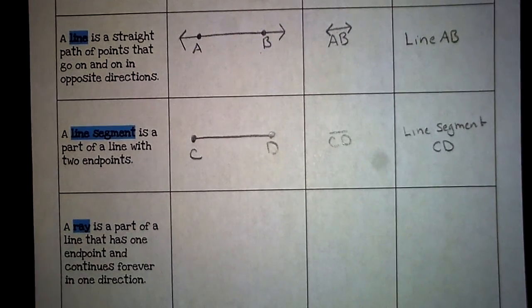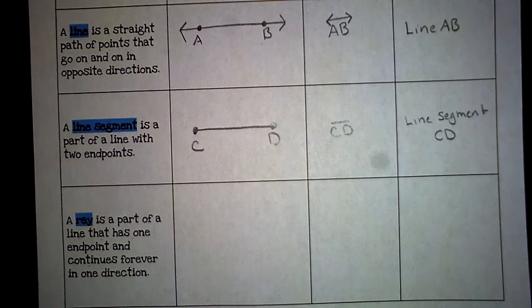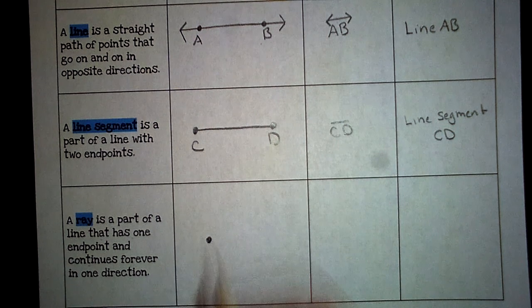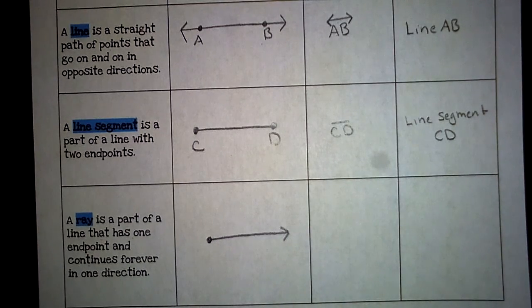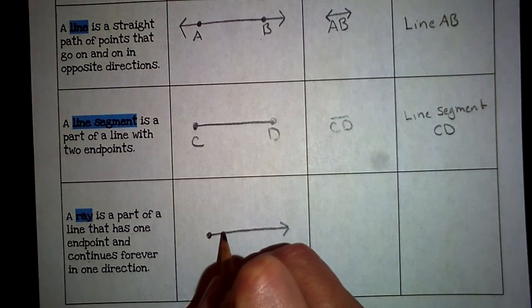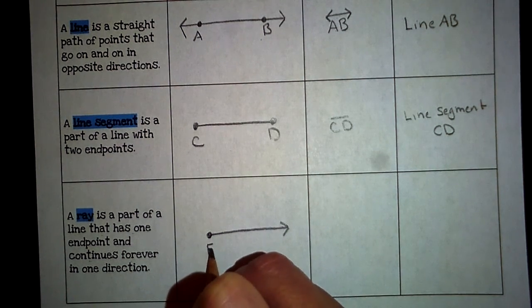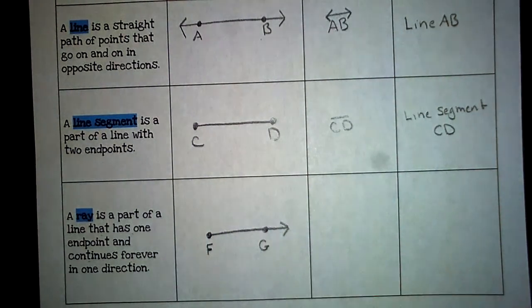Lastly, our last geometric term for today is a ray. A ray is a part of a line that has one endpoint and continues on forever in one direction. A ray looks like this. It has one endpoint and it continues on forever in one direction. So we make sure that one end has an arrow. Go ahead and label the points on our ray, I should say.